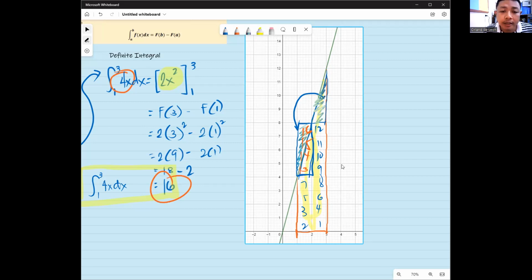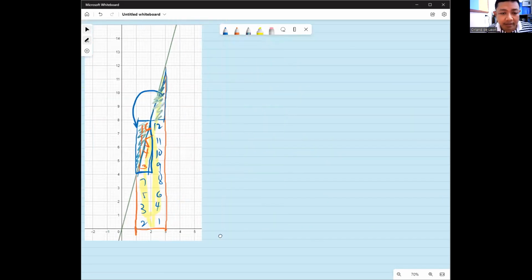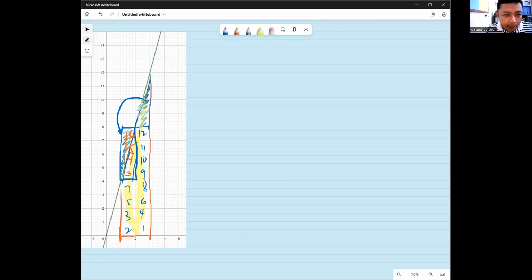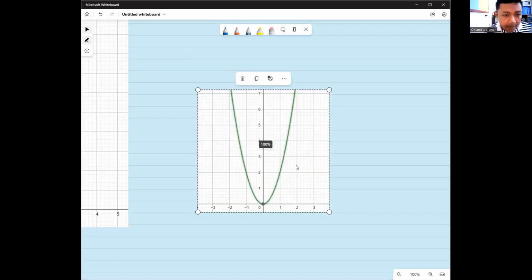Whether it's facing upward. Let's have another example. Whether it is facing upward, for example, let's use this given. Yan, this one. Whether it's facing upward, let me erase this. Here, let me paste it here.